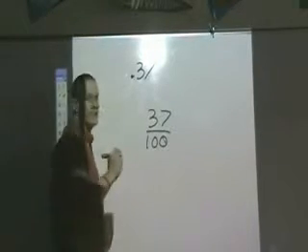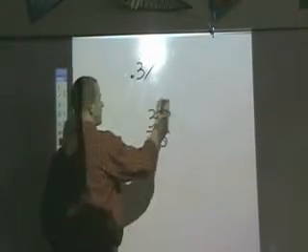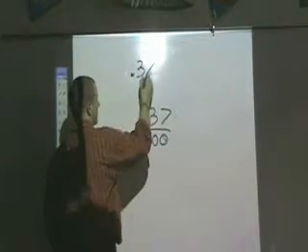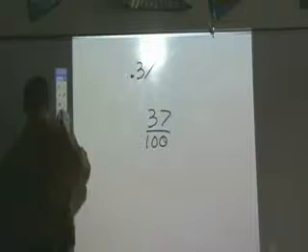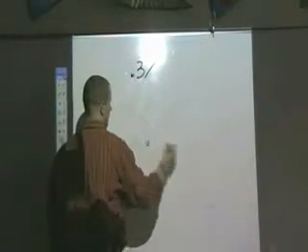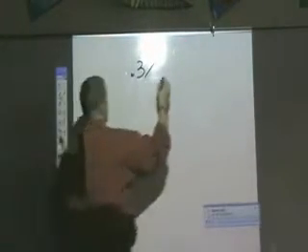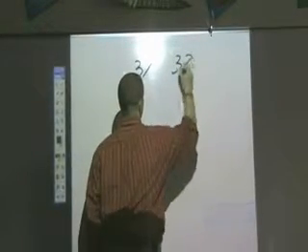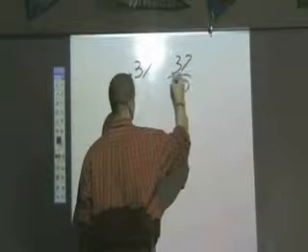Well, once again, if you're more the visual person, this one will work for you. Okay? 37, still write your number. For my visual people, they do 37 over 2 zeros.